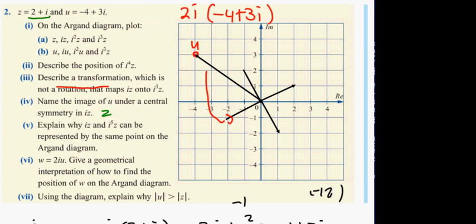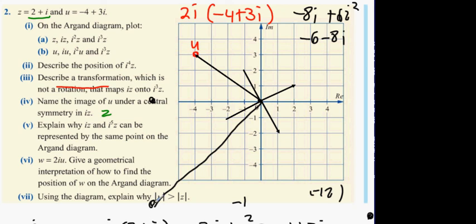So what happens here is we get minus 8i plus 6i squared, and that's going to be minus 6 minus 8i. Minus 6 is here, minus 8 is all the way down here, so it's going to be all the way down here, twice as long with a 90 degree rotation.